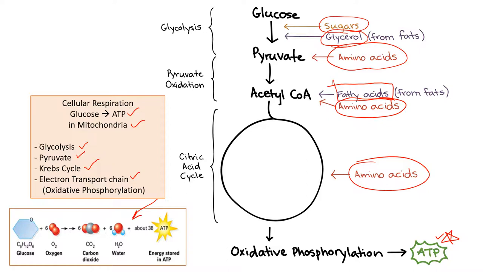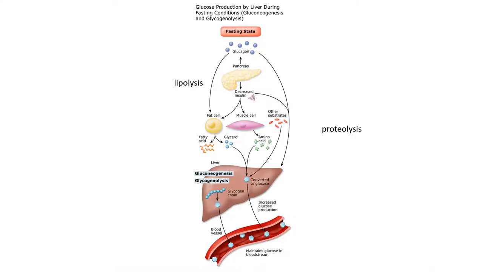So in a long-term stress situation, we're trying to provide glucose or building blocks so that we can ultimately make ATP out of that. Now, what ends up happening is you really don't end up making ATP, you just have a lot of glucose in the blood. Now, the glucose produced by the liver during fasting conditions.